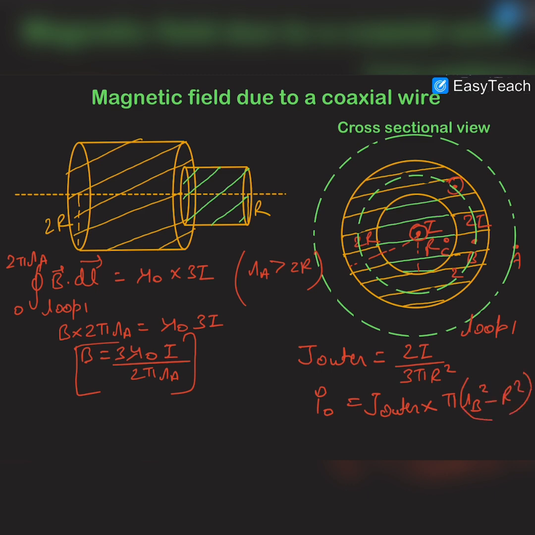Pi RB square is the total area of this loop, and pi R square is the area of the inner wire. We subtract these two to find the area bounded between the inner cylinder and the loop. So I naught will be equal to 2I by 3R square into RB square minus R square, where I have cancelled out pi.